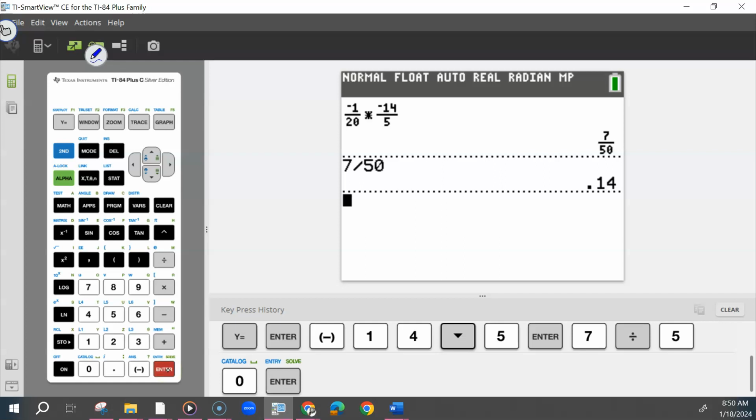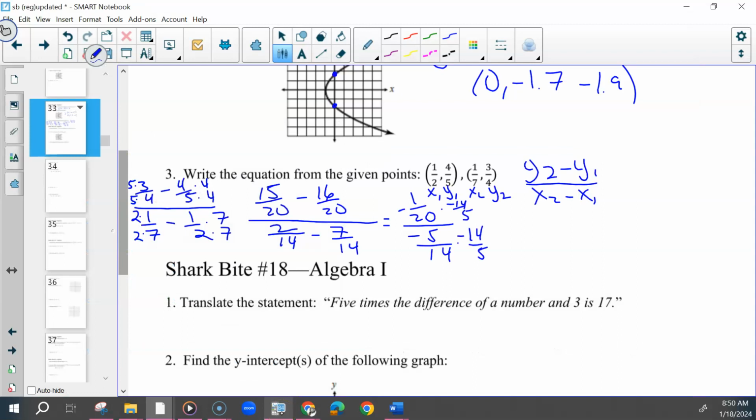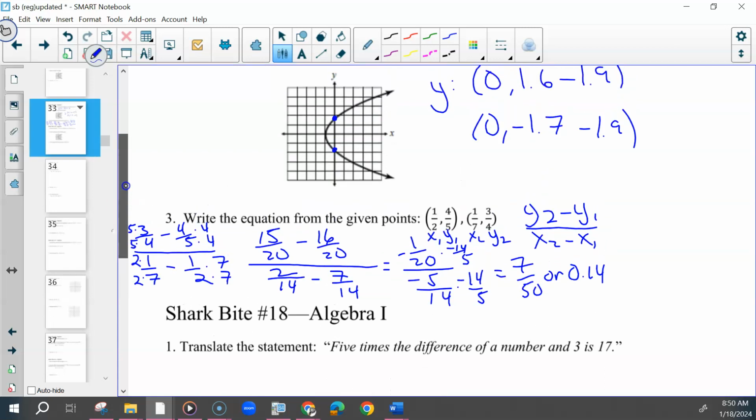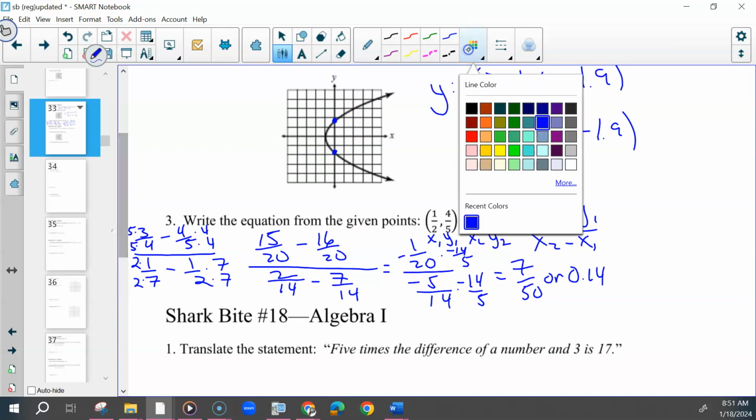So 7/50ths or 0.14. Because when we go to put this into our equation to find the y-intercept, we get an even messier fraction. So using the decimal here would be easier.